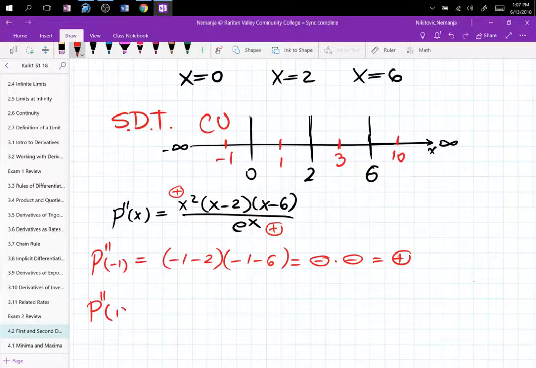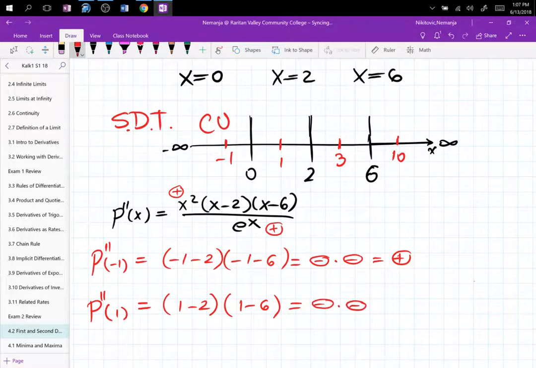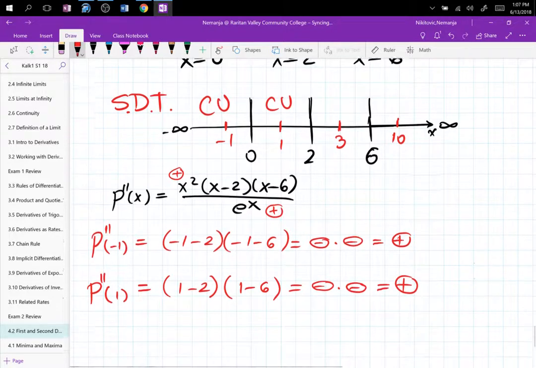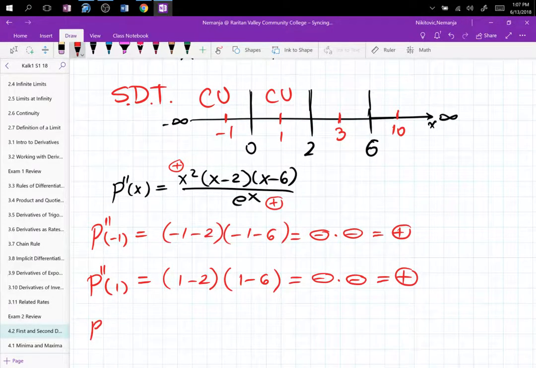Second derivative of 1 is going to be 1 minus 2 and 1 minus 6. That's also negative times negative, which is positive. So another concave up part. Second derivative computed at 3. Well, that's going to be 3 minus 2 times 3 minus 6.